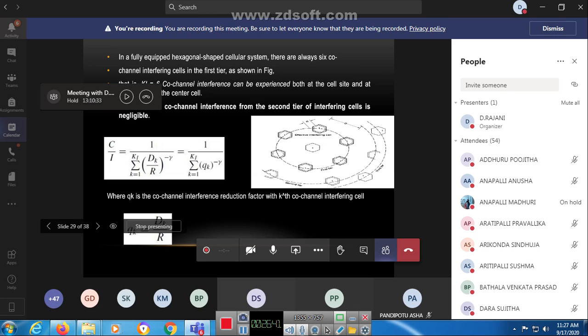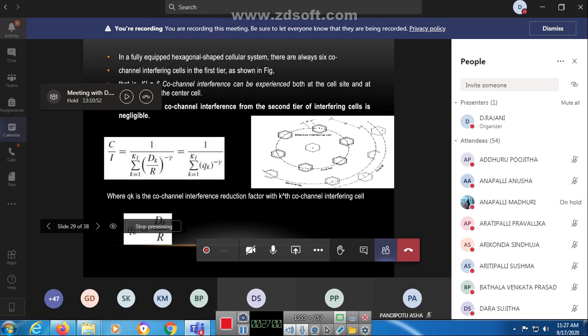From this co-channel interference we can go to the second section. Suppose this is the first type and this is the second type. That means more interference will occur, and at that time also we can find the remedy for the interference.